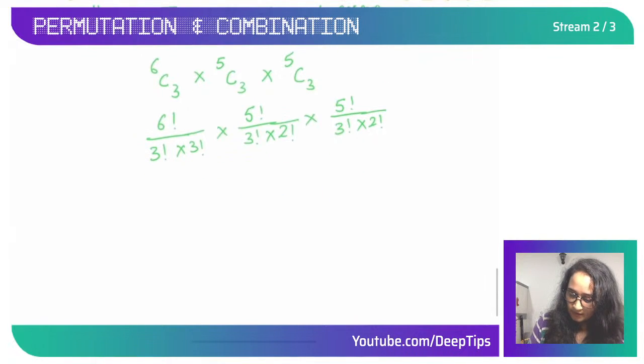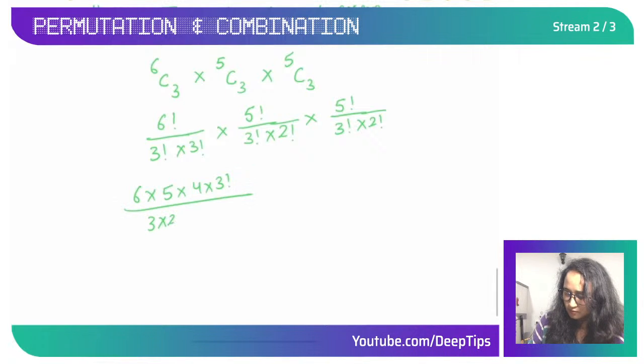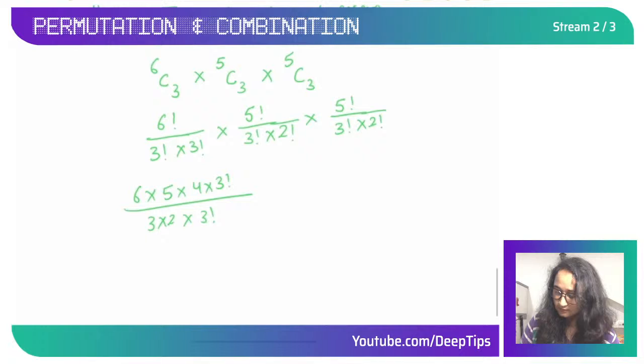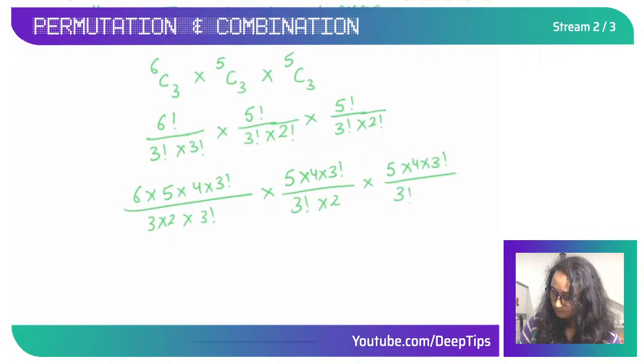If we calculate this, 6 into 5 into 4 into 3 factorial, and this 3 factorial I can write 3 into 2, because I know this is 6. Then 5 into 4 into 3 factorial, then 3 factorial into 2, then 5 into 4 into 3, this is same as the previous one.